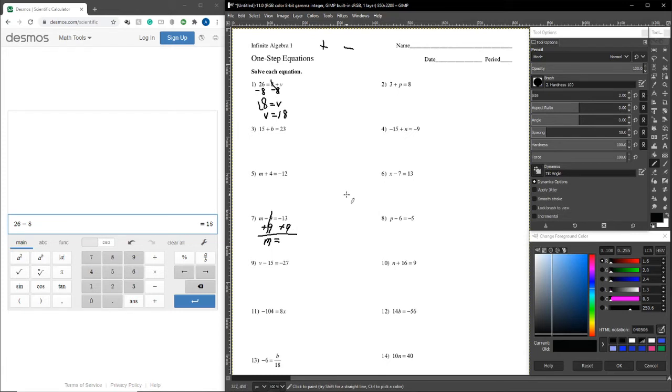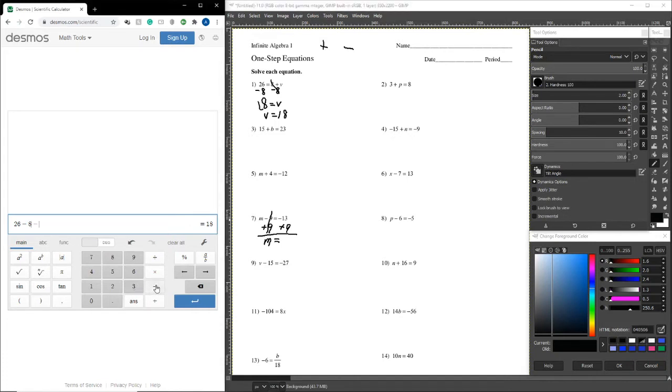So I can come on over to my Desmos Scientific Calculator, and the negative is just the minus sign. So use that minus. Whoops, clear everything first. So use the minus, negative 13, and then we're going to add 9. And that will show up with our answer being negative 4.